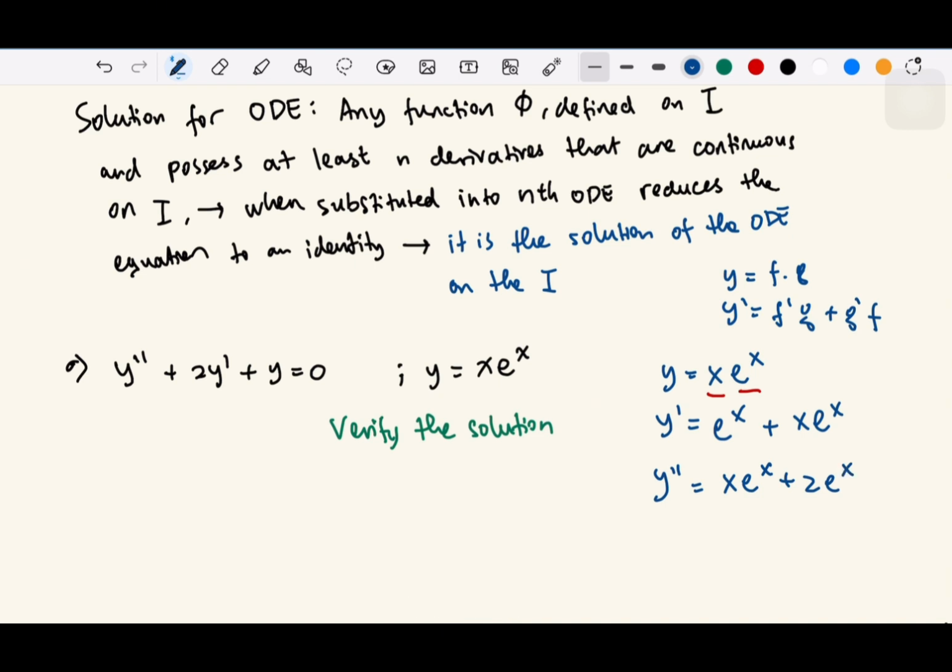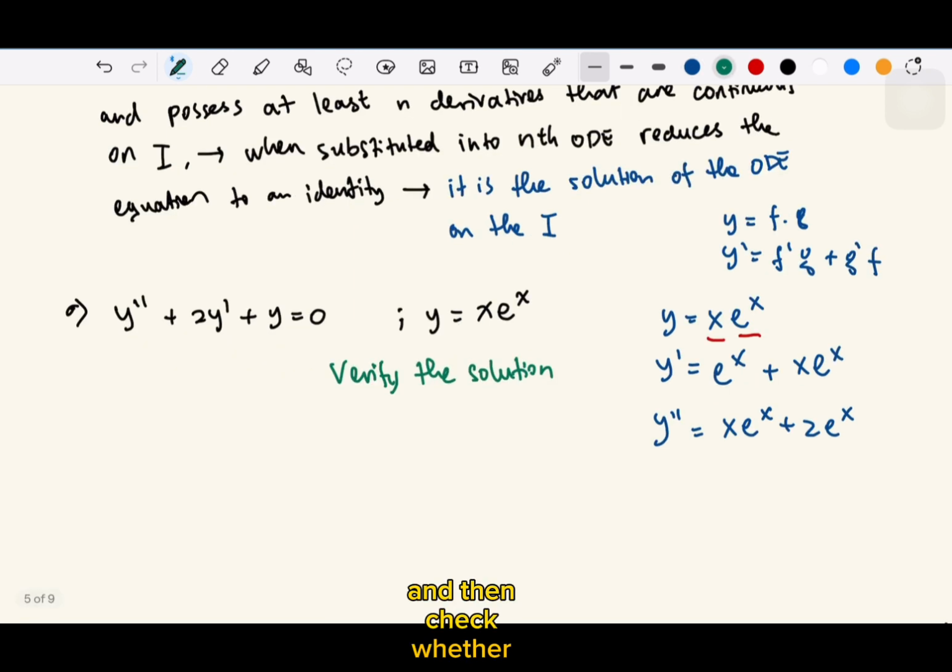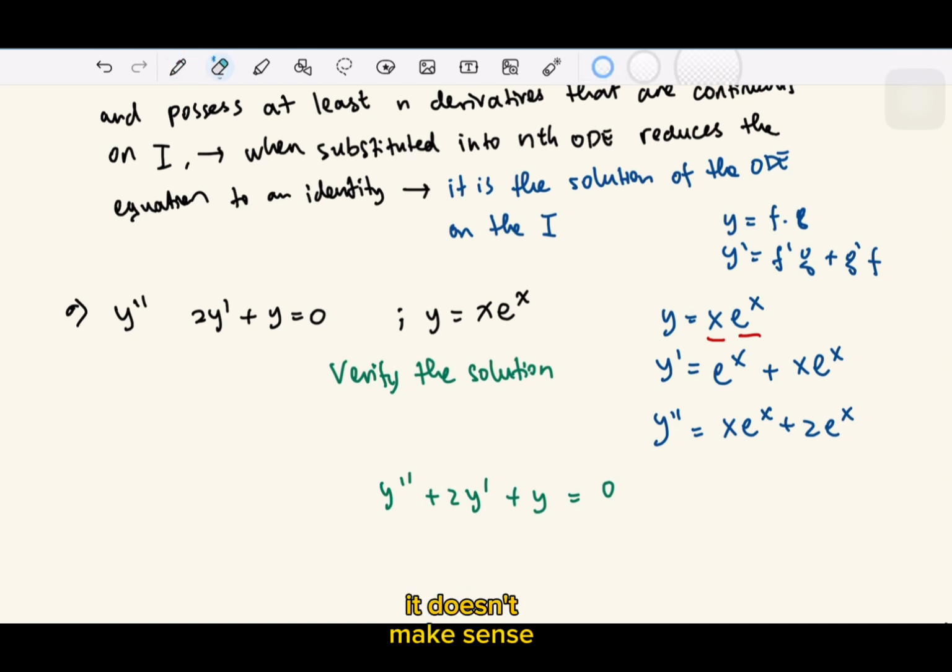And then check whether y double prime plus 2y prime plus y is going to be equal to 0. I think this should be minus, because otherwise it doesn't make sense.